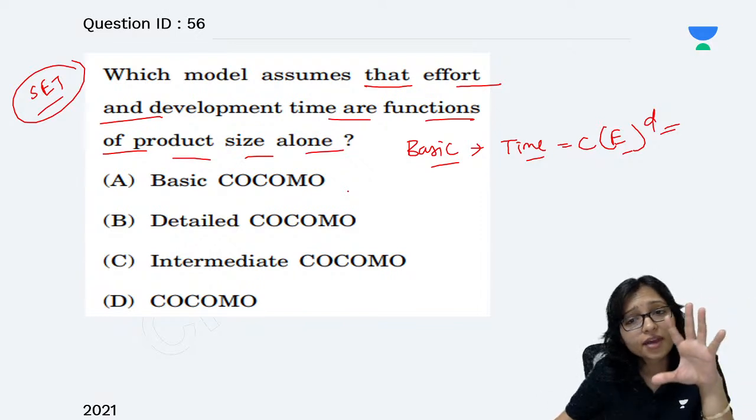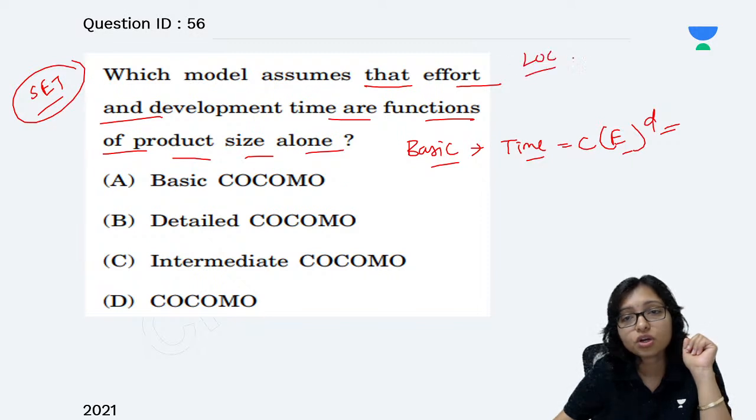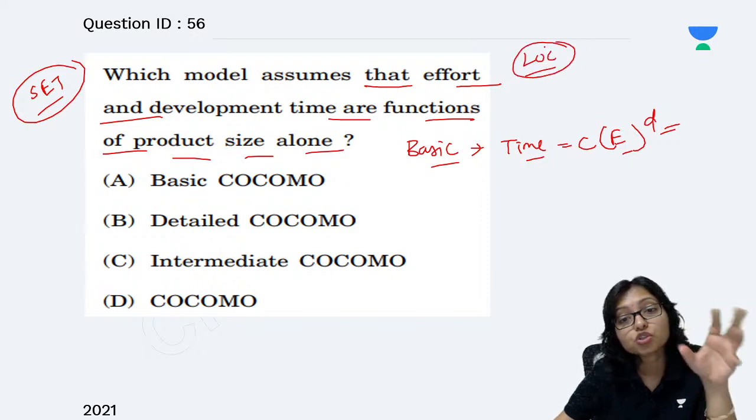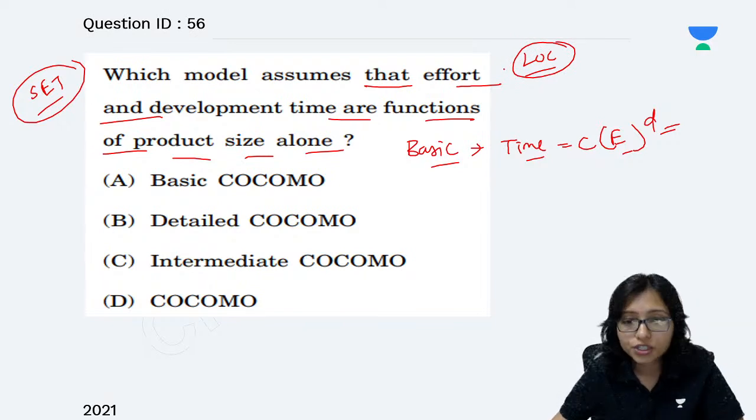Lots of extra factors are there in the effort, not only the line of code.